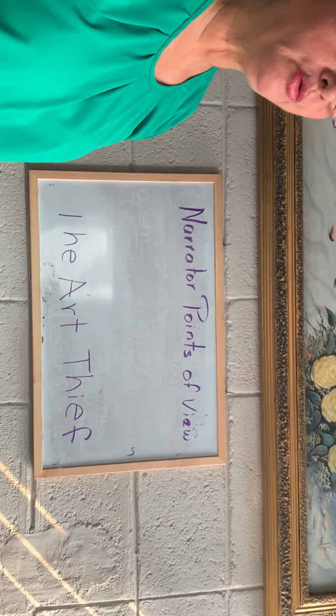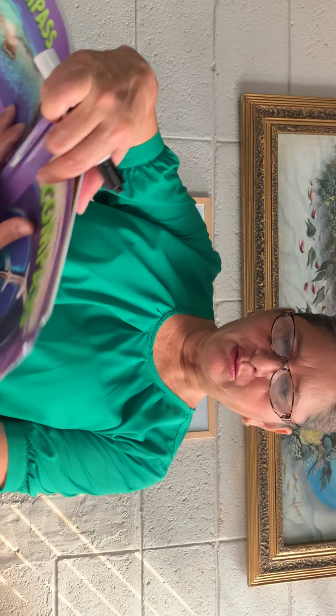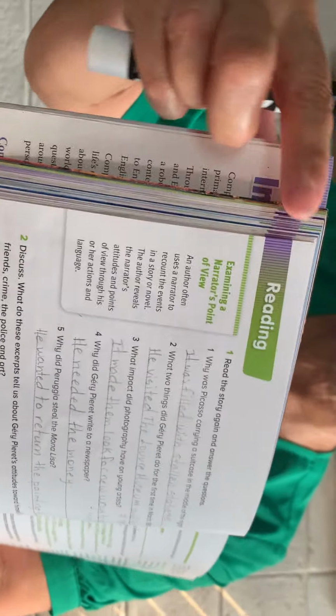Narrator point of view is the way the authors present a narrator recounting the events of the story. Can you read this part of the book?